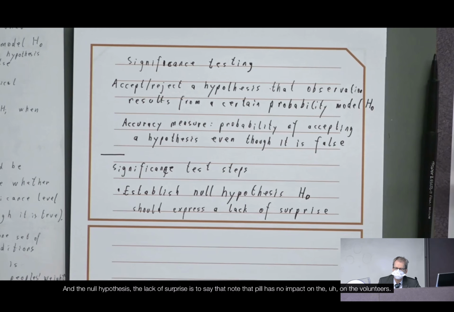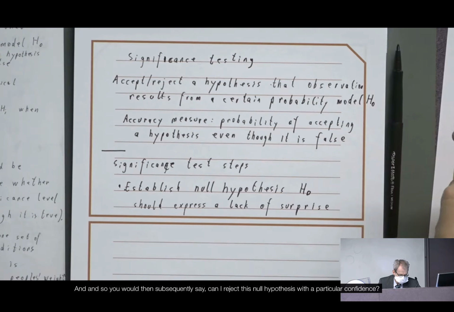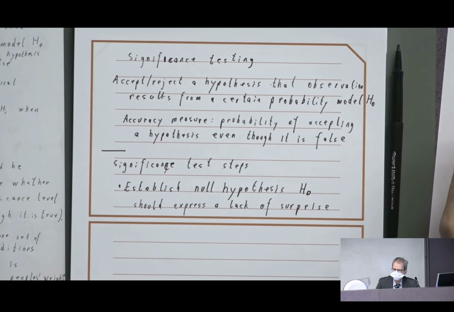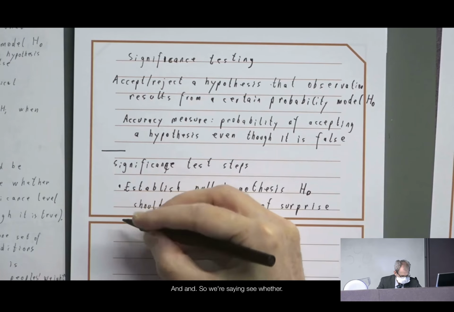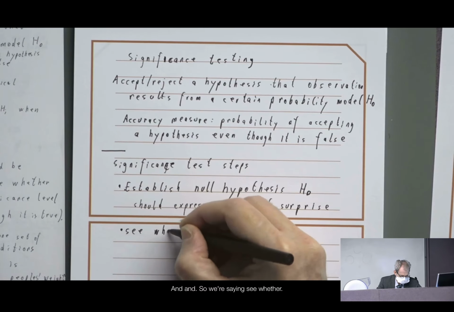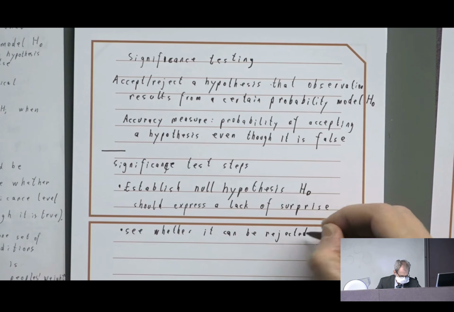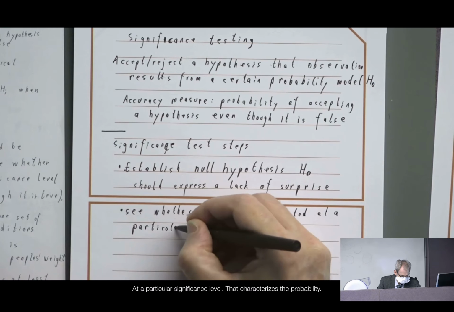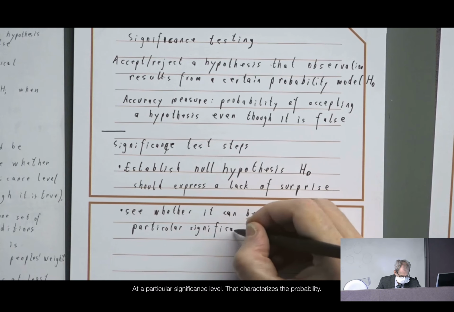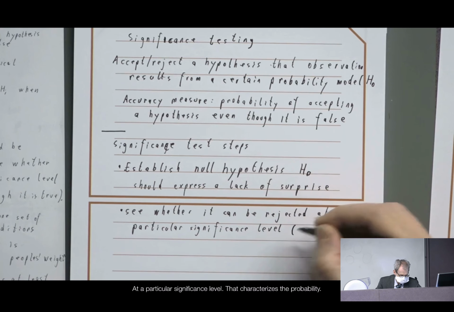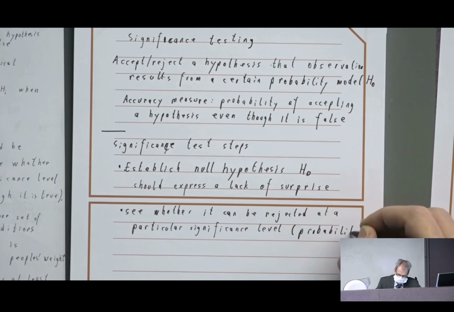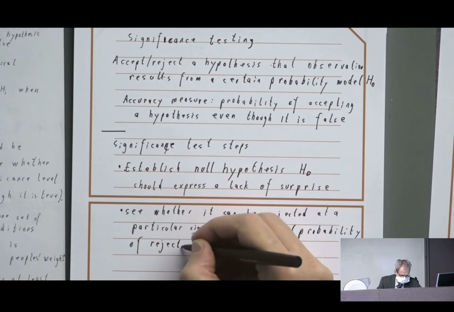The null hypothesis, the lack of surprise, is to say that no, that pill has no impact on the volunteers. And so you would then say, can I reject this null hypothesis with a particular confidence? So we're saying, see whether it can be rejected at a particular significance level that characterizes the probability of rejecting the hypothesis even though it is true.